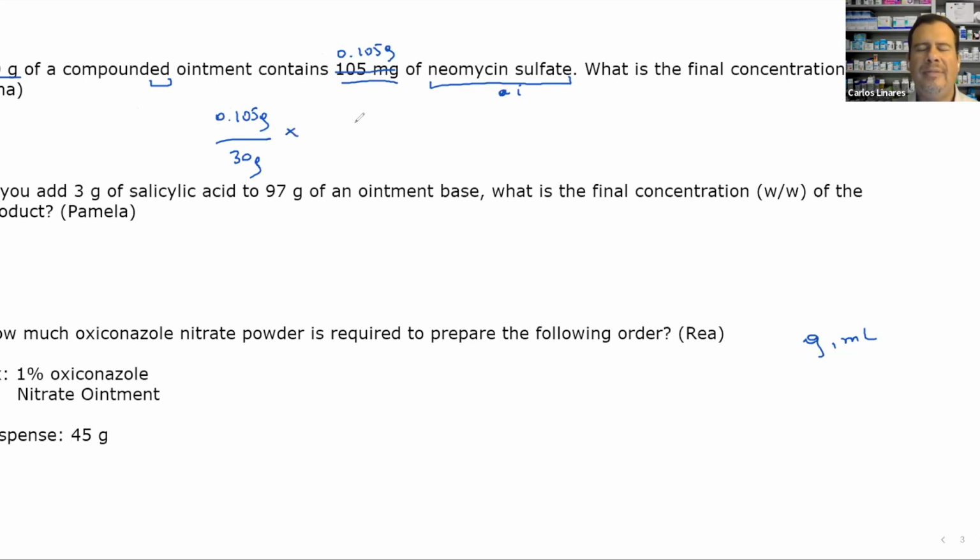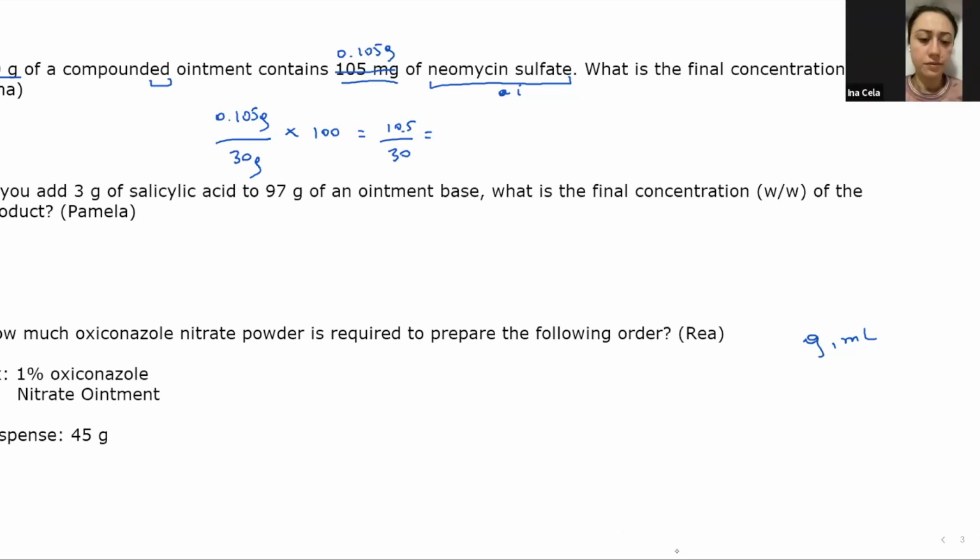I know it's a tiny difference, right? Now we have 10.5 over 30, not 105. 10.5 over 30 is 315.